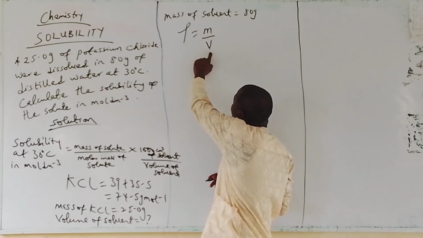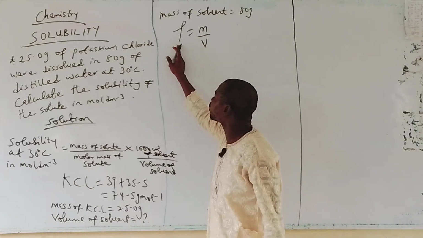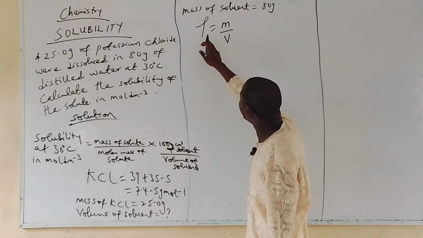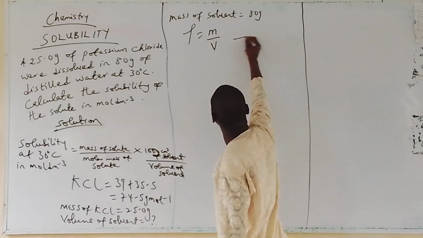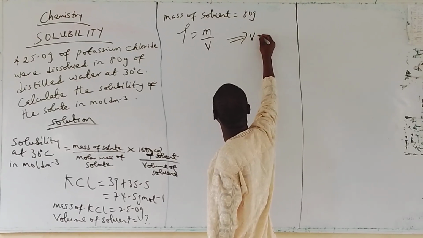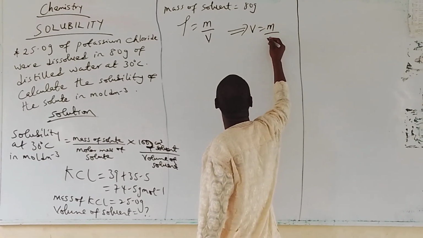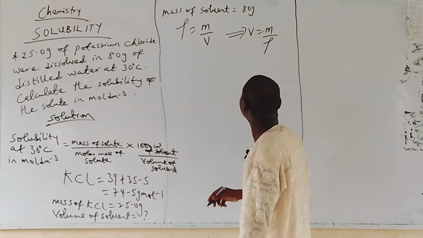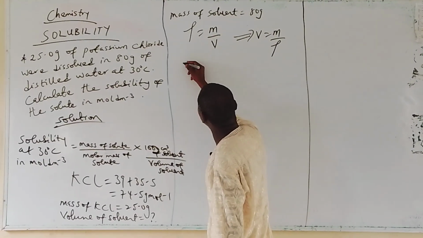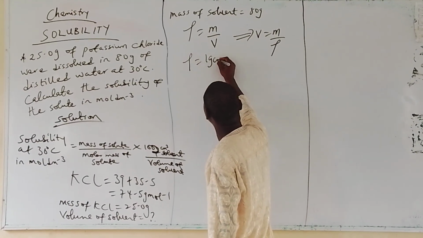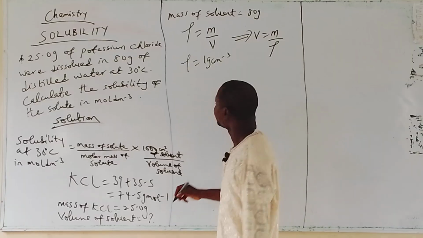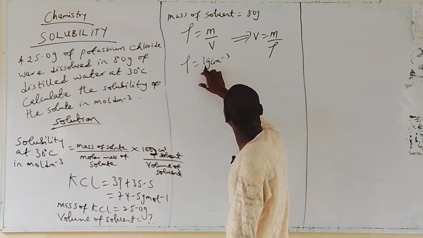So I can make volume the subject, which implies that volume V is equal to mass over density. I know that the density of water is always 1 gram per cm³. It's a constant. So I will just plug in this value.